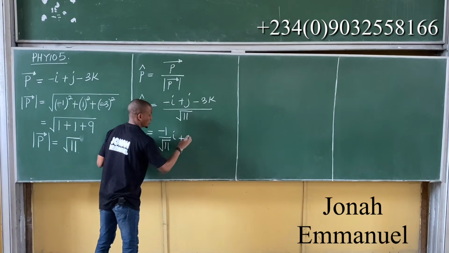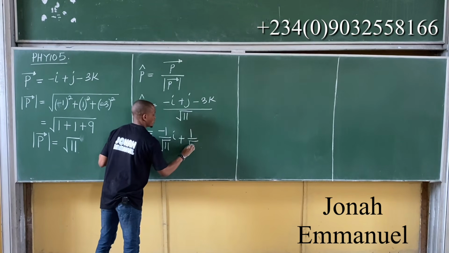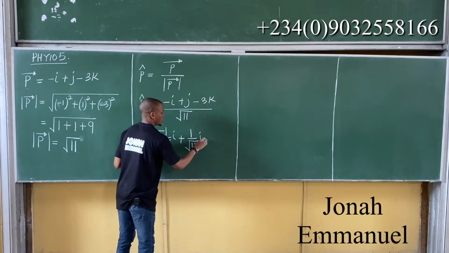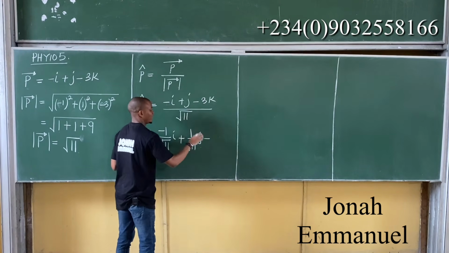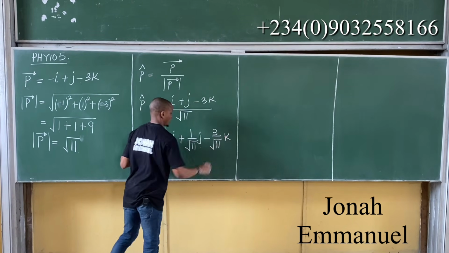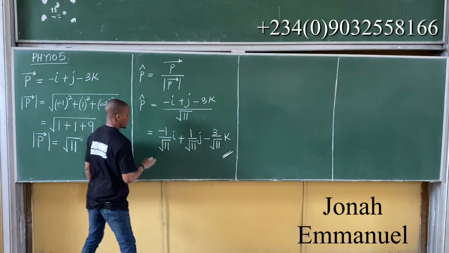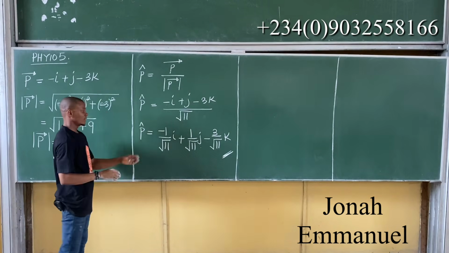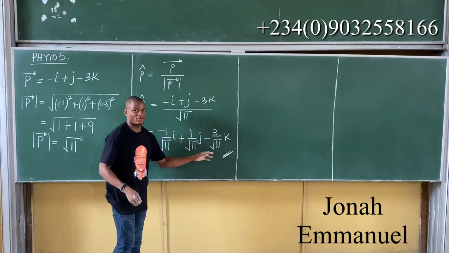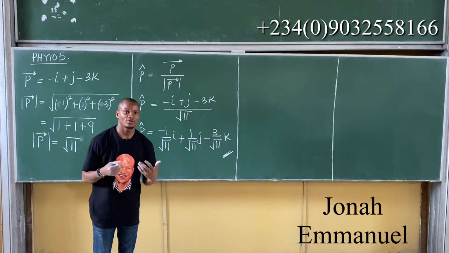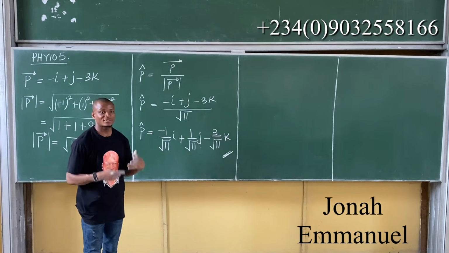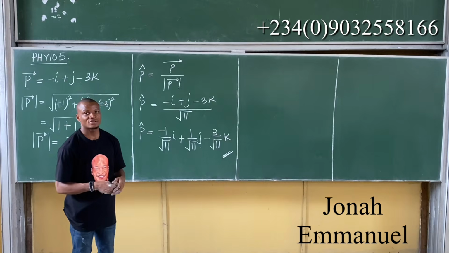Coefficient here is 1, so it becomes 1 all over square root of 11, J. Finally, I have minus, so it becomes minus 3 all over square root of 11, K. So this becomes the unit vector of P: minus 1 over root 11 I plus 1 over root 11 J minus 3 over root 11 K. To confirm the answer is correct, you take the square root of the sum of each of the terms squared and you have 1 as your magnitude.